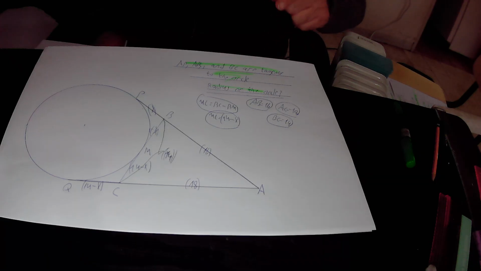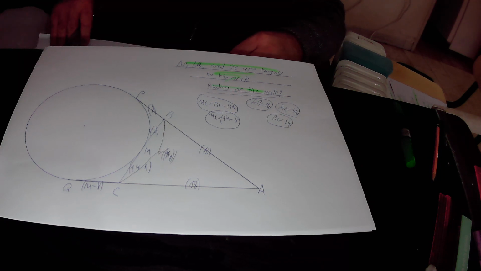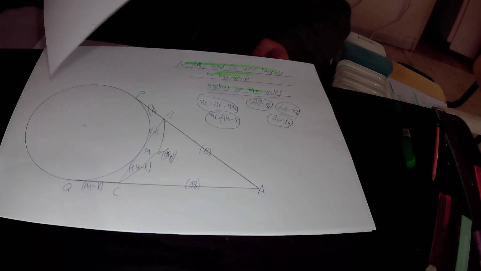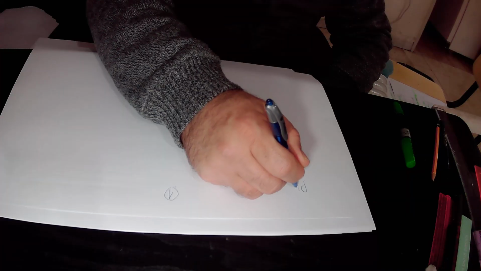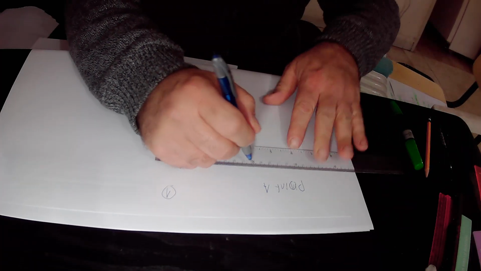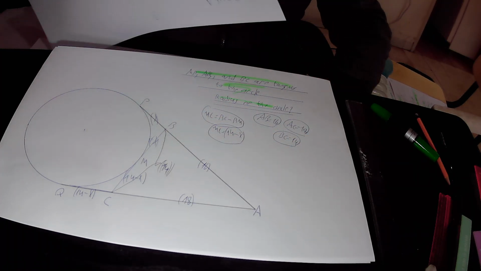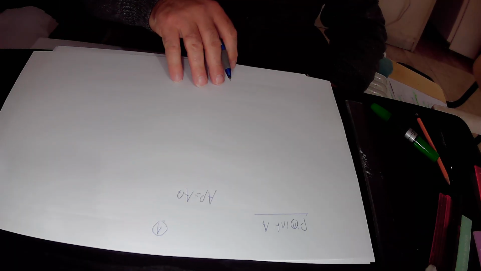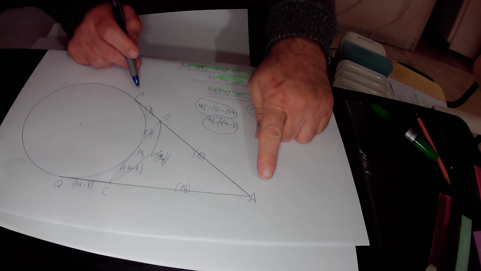And according to rule 2, they are equal to each other, that is to say AP equals AQ. AP equals x plus 16.